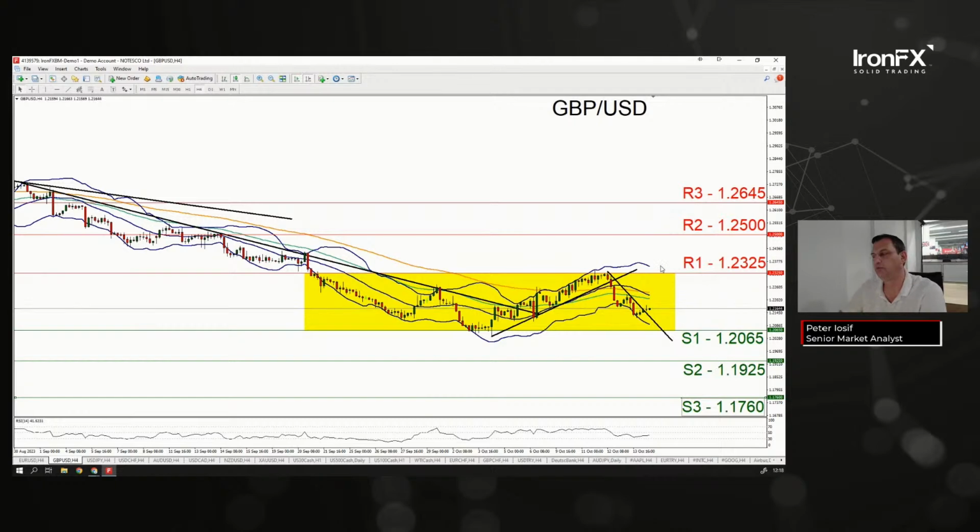On a fundamental level, on the GBP side, I would be noting that we have a lower frequency of high impact financial releases from the US. And that may allow the GBP to take the initiative in cable.